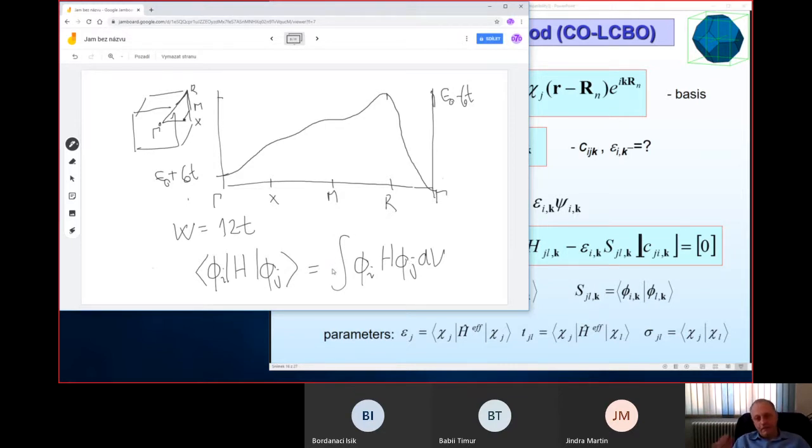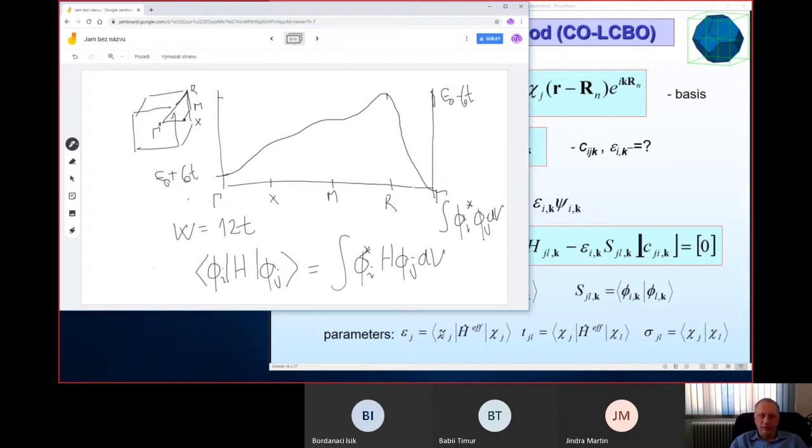If it is a complex function, then this function must be the complex conjugate of the original wave function phi l, which is denoted by an index star. So the whole problem is in fact reduced to the evaluation of this type of integral and possibly also the so-called overlap integrals, which are defined as the integral of phi l phi j dV.